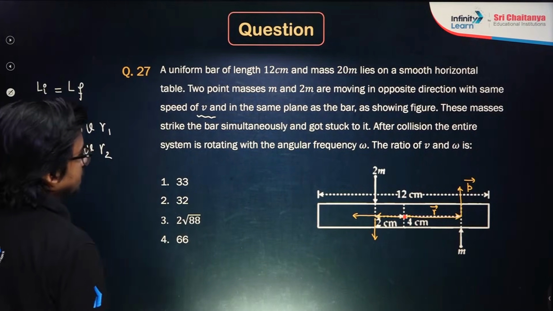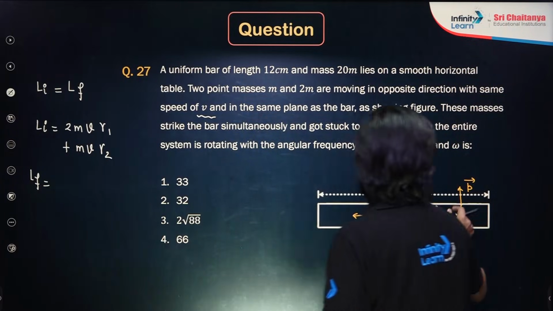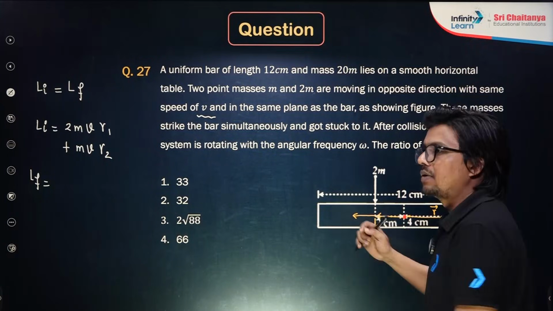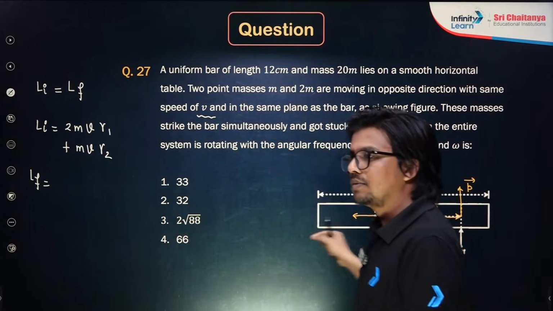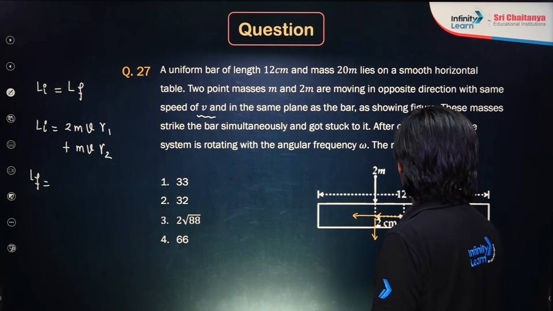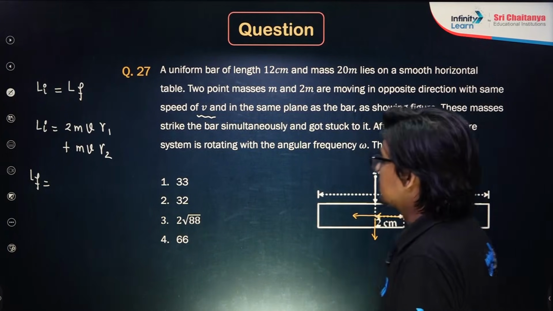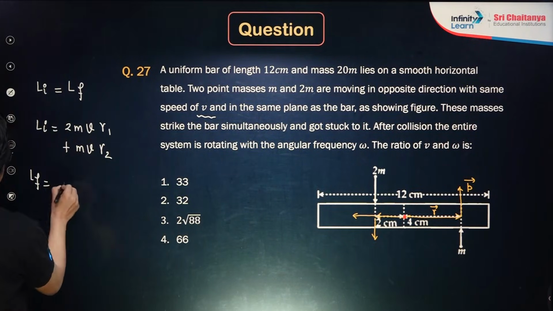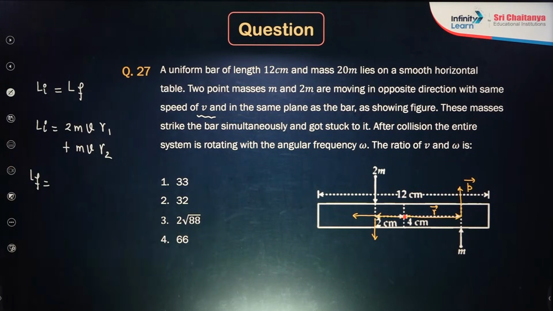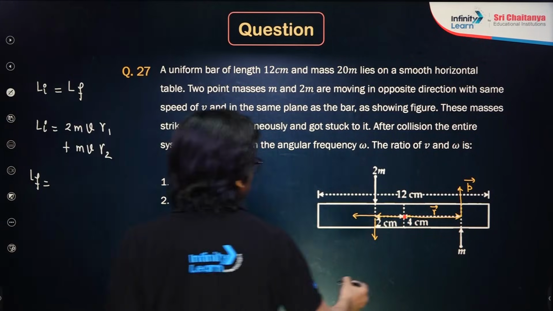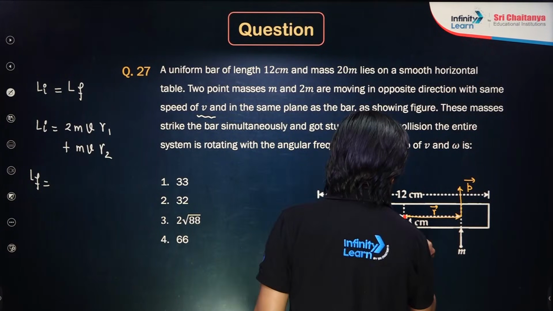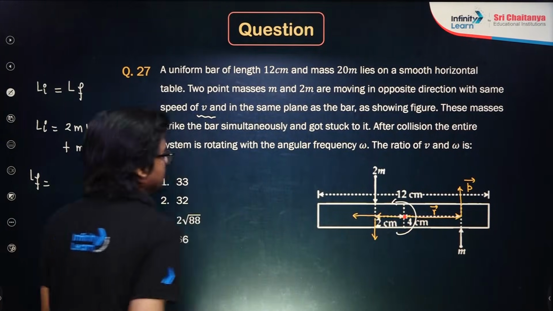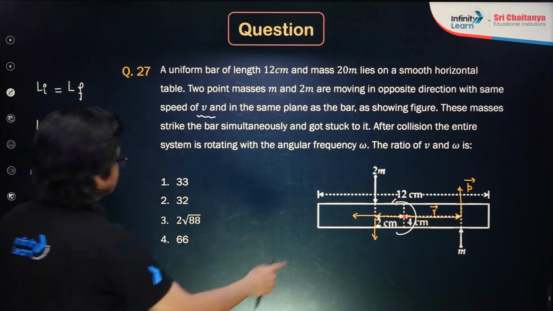The final angular momentum when these two get stuck on that bar. Now what will happen? This bar will start rotating about an axis which is perpendicular to the plane of this bar and going through this center. So for the final angular momentum, suppose it starts rotating, and that rotation will have this sense, anti-clockwise. In the anti-clockwise sense, it will start rotating with an angular speed omega.